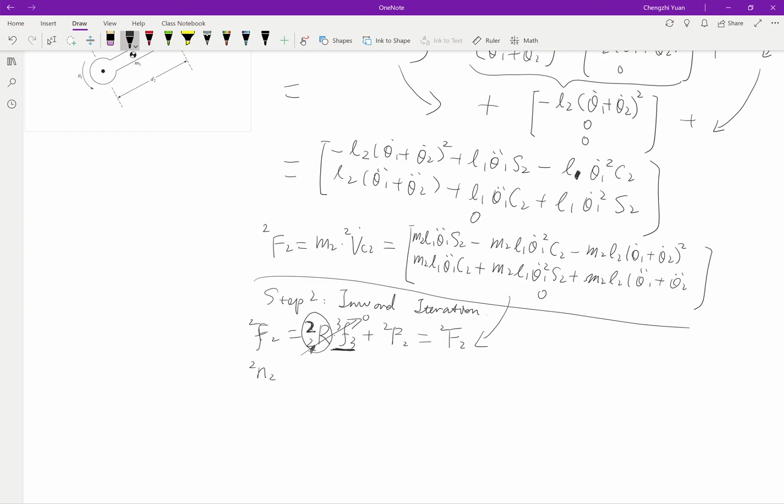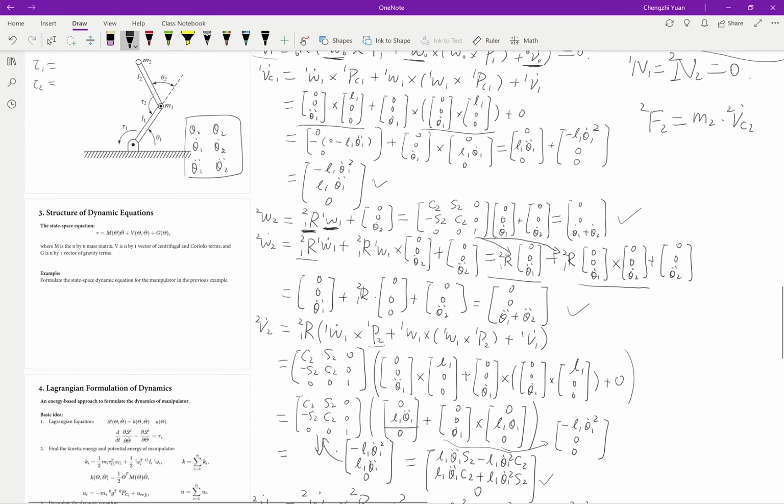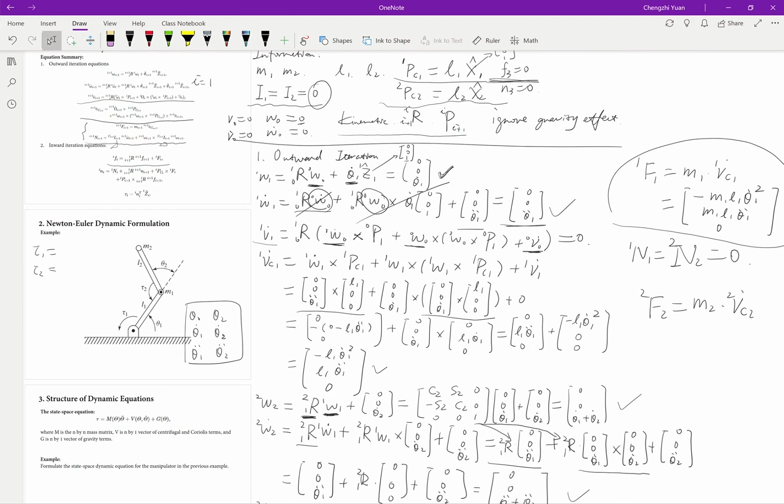Okay. And we also need to know what n22 is. So n22 would simply follow the second equation over here.